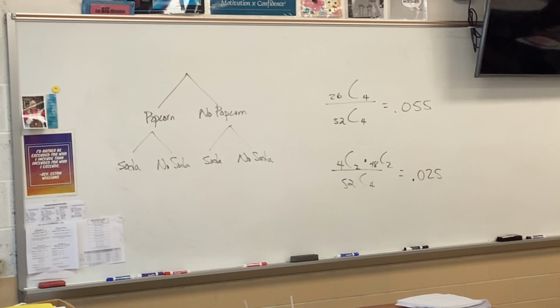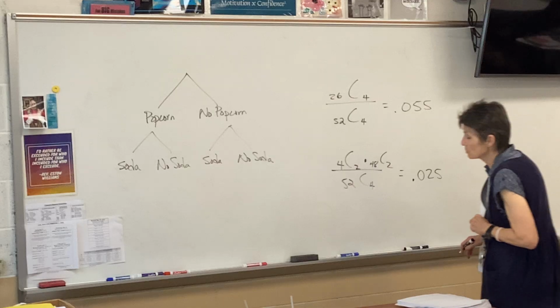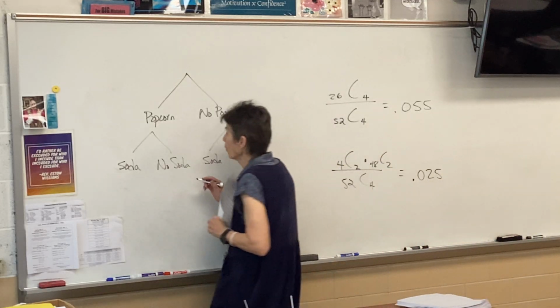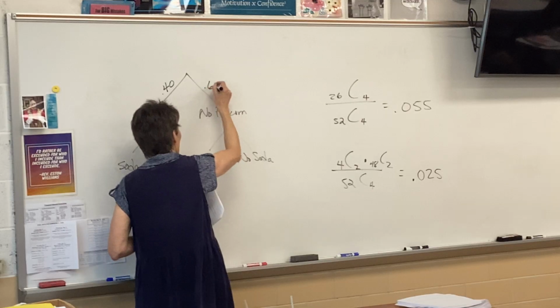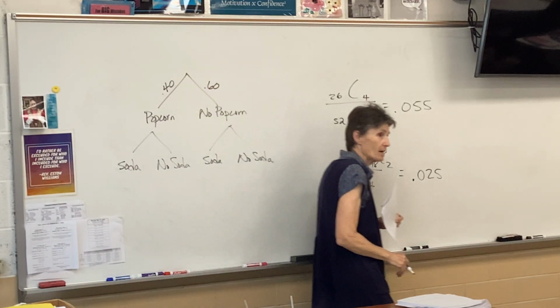So the probability we have popcorn is 2/5 or 40%. Read the last question. You see where it says we have popcorn 2 days out of 5? So that means we have popcorn 40% of the time, and we don't have popcorn 60% of the time.